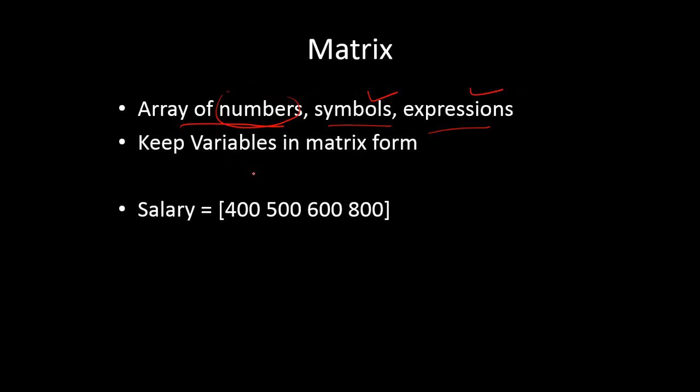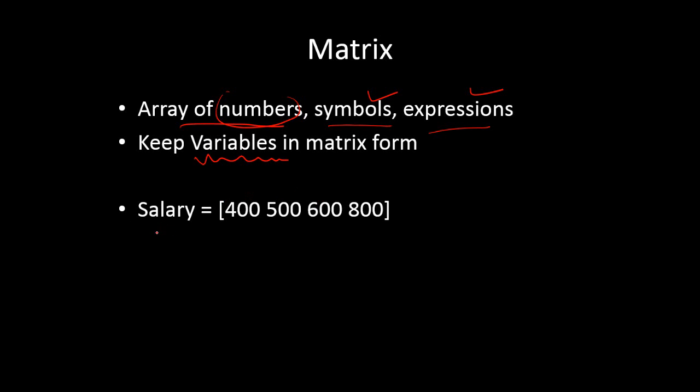And we can actually keep the data, which we call variables in the analytics or data science industries, in matrix form and do the operations on them. It's a special case, and it's really easy when you do the operations on these variables by putting them in a matrix form. So what is a matrix?